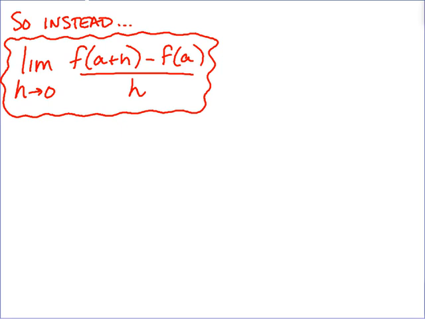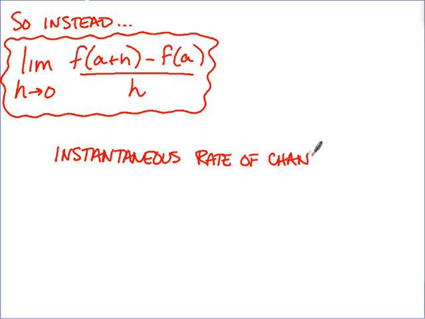Because remember, when we find the indeterminate, that means the limit does exist. We just have to find it a different way, and this is the way we're going to find it. This right here that I have circled, this is the instantaneous rate of change. This is how we find it. Now, you might also hear this be called slope of the tangent line.